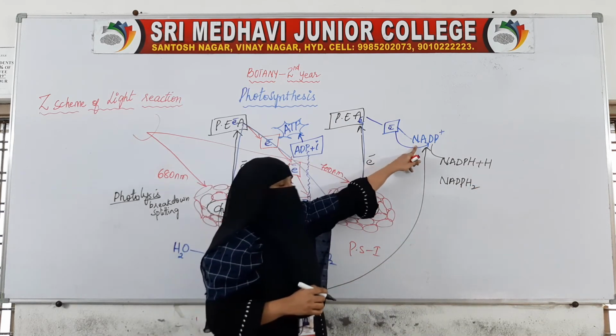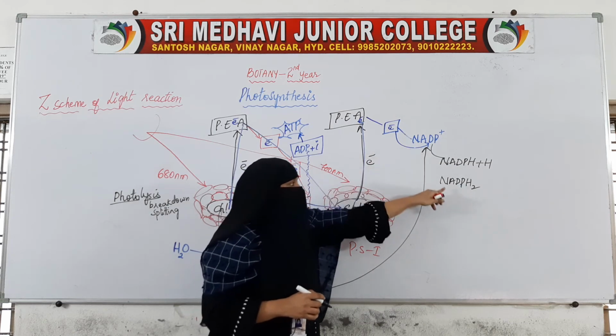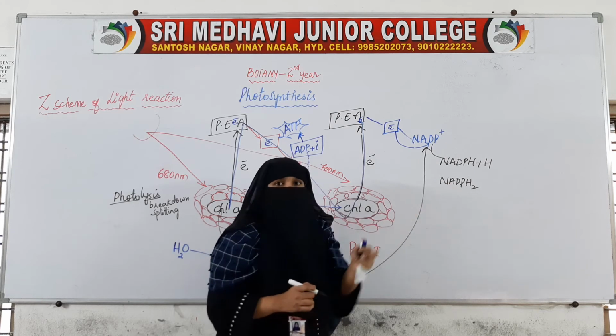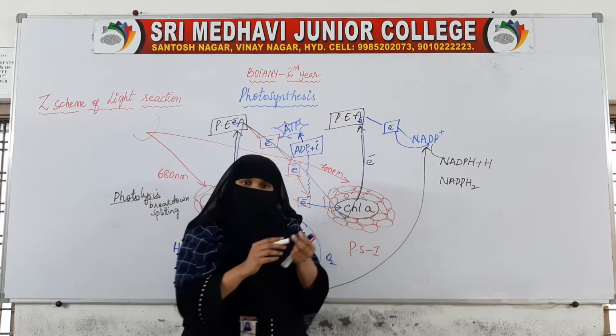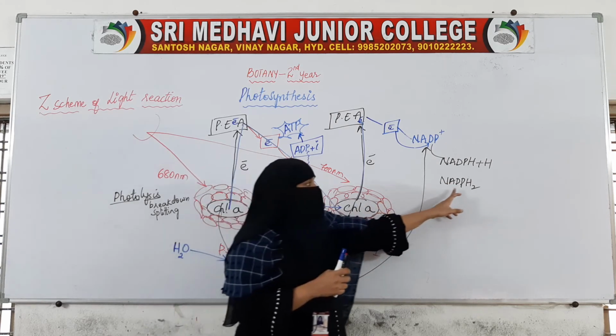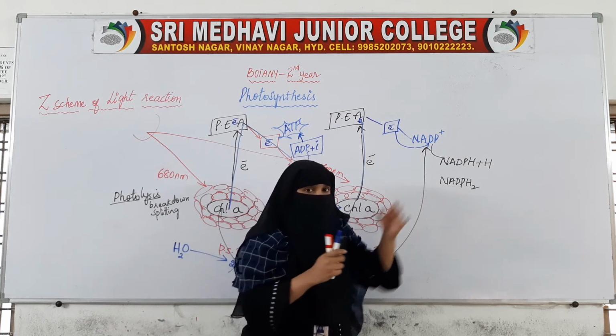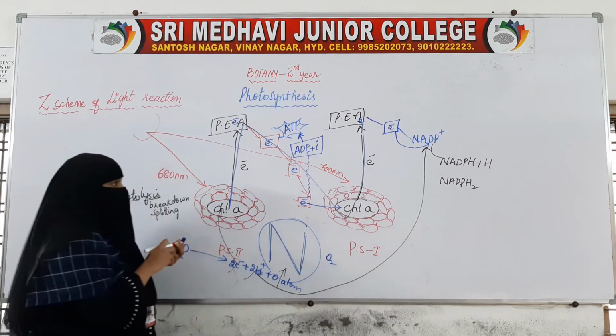So now this has accepted the protons and it has changed to NADPH plus, that is NADPH plus H plus, or we can even write it as NADPH2. So now what events have taken place in this light reaction?